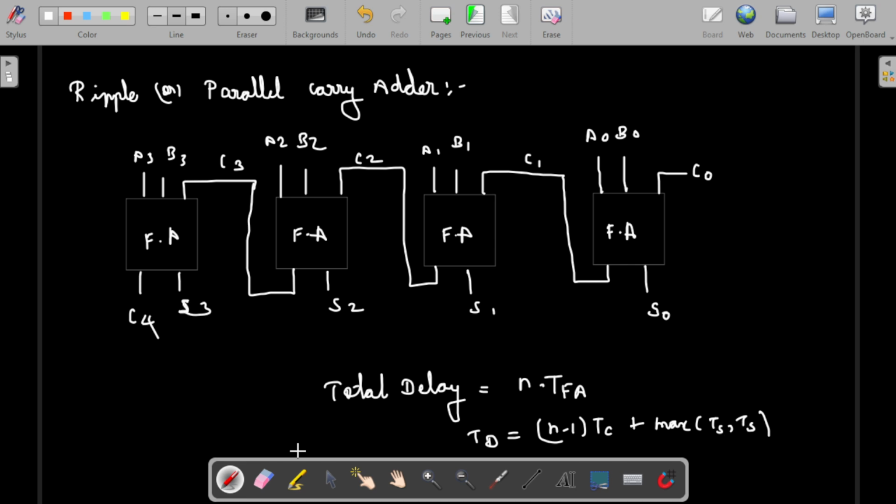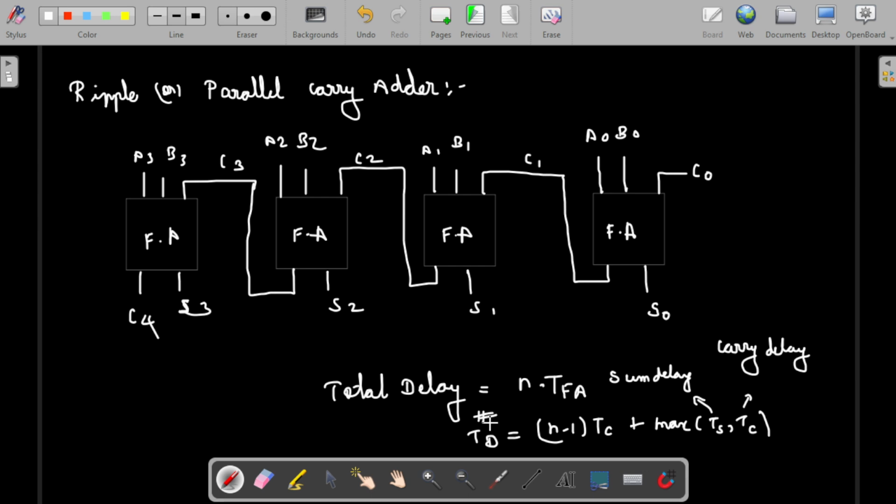So TC is the carry delay of each full adder, each one, not a single one. This is one important thing, please make a note of this formula. This can be asked in exams.